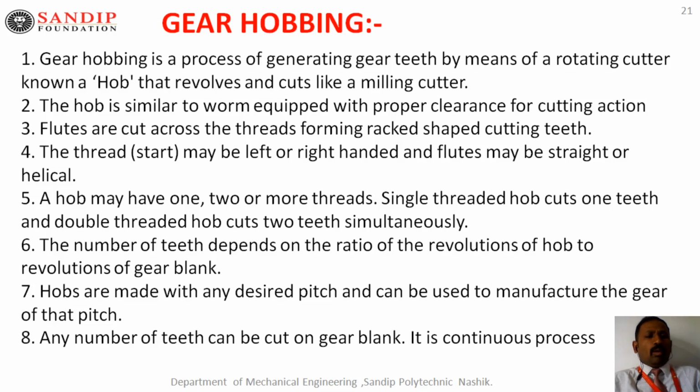That is the hob. So it is a process of generating gear teeth by means of a rotating cutter known as a hob, which revolves and cuts like milling cutters.